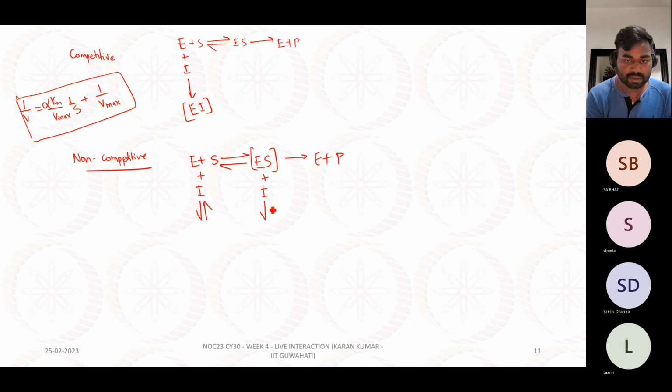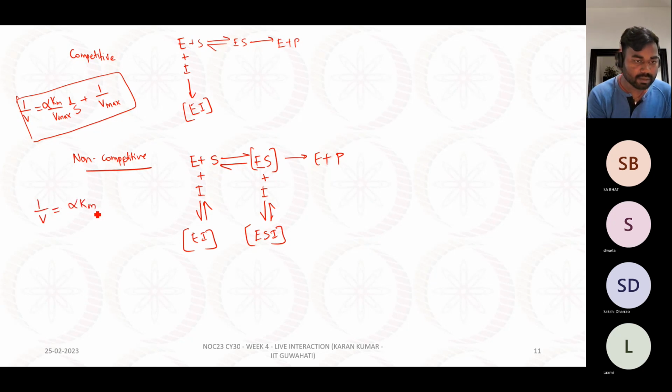Here also it can act, so you will get the ESI complex and the EI complex. In that case, it will only change the intercept, and thereby the apparent Vmax will be decreased. So in case of non-competitive, you will get the slope like this.